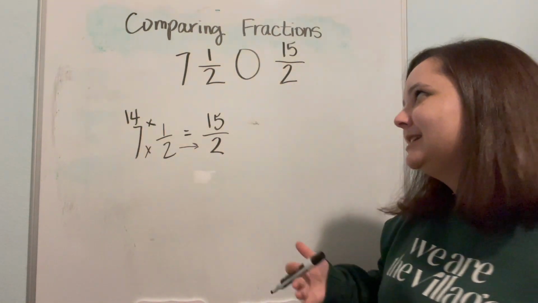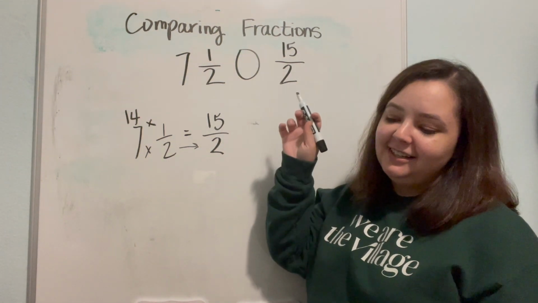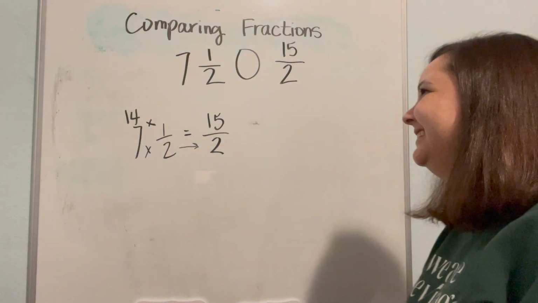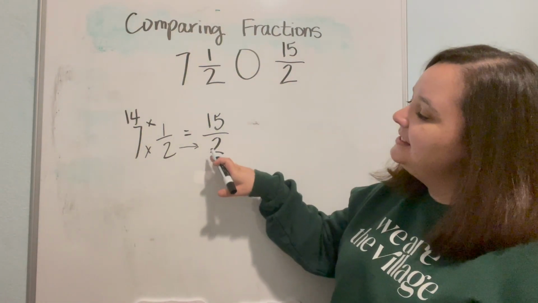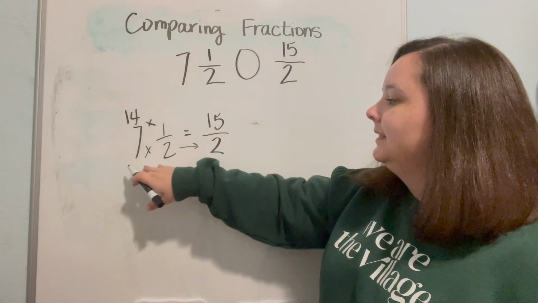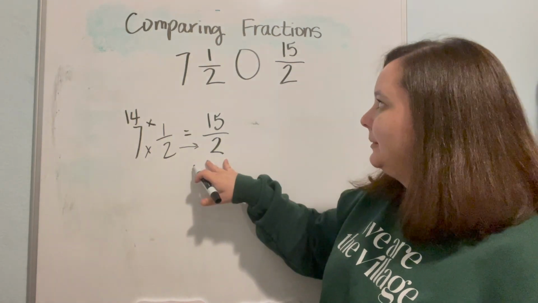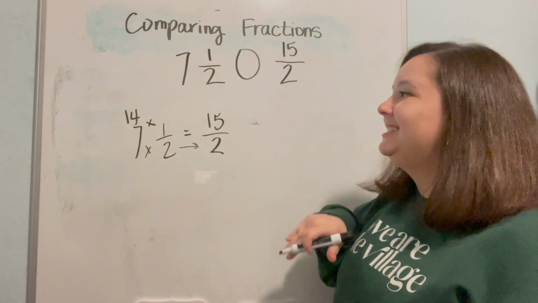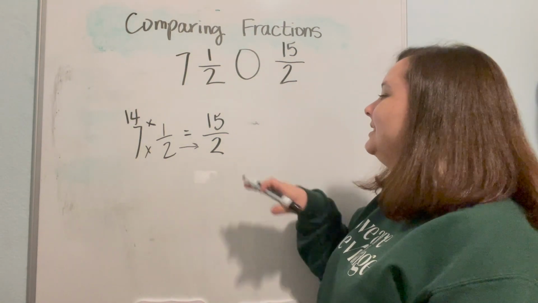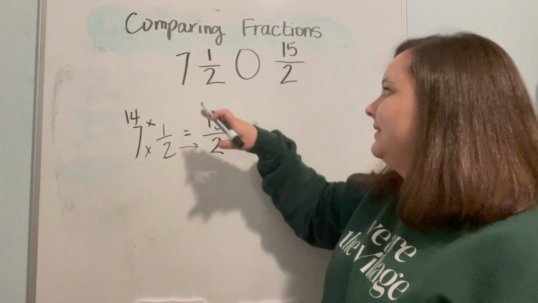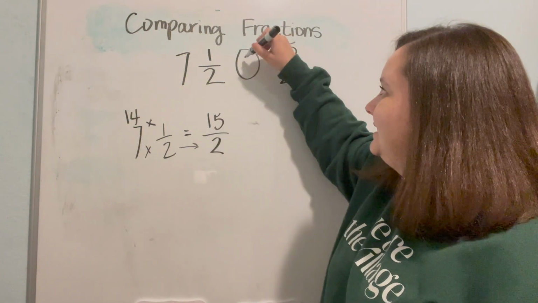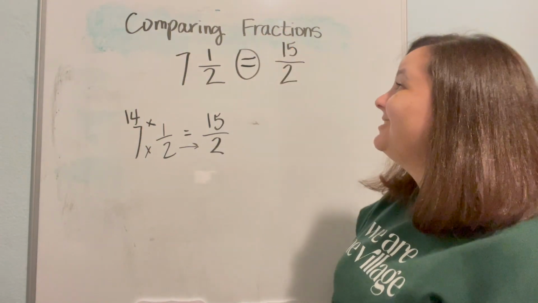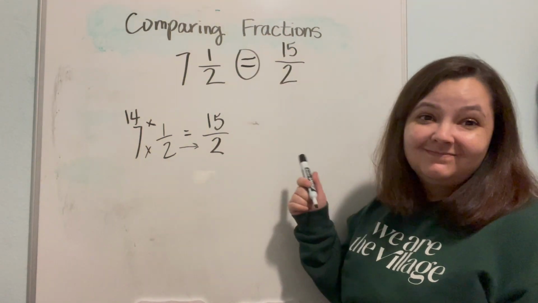Now you're probably like, Miss Perry, that's the same thing as over there. Yeah, it is. So because I converted this mixed number into an improper fraction, I can now see that 15 halves is the same thing as 15 halves. So since these are equal, that means that 7 and 1/2 is equal to 15 halves.